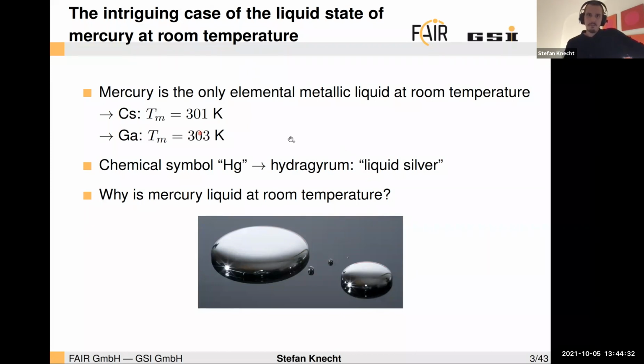Around room temperature, so 25 degrees or 298 Kelvin, mercury is liquid, whereas the only other metals that come close to a liquid state at or slightly above room temperature are cesium and gallium. The chemical symbol Hg actually comes from hydrargyrum, which means liquid silver. And so the question is, why is mercury actually liquid at room temperature?